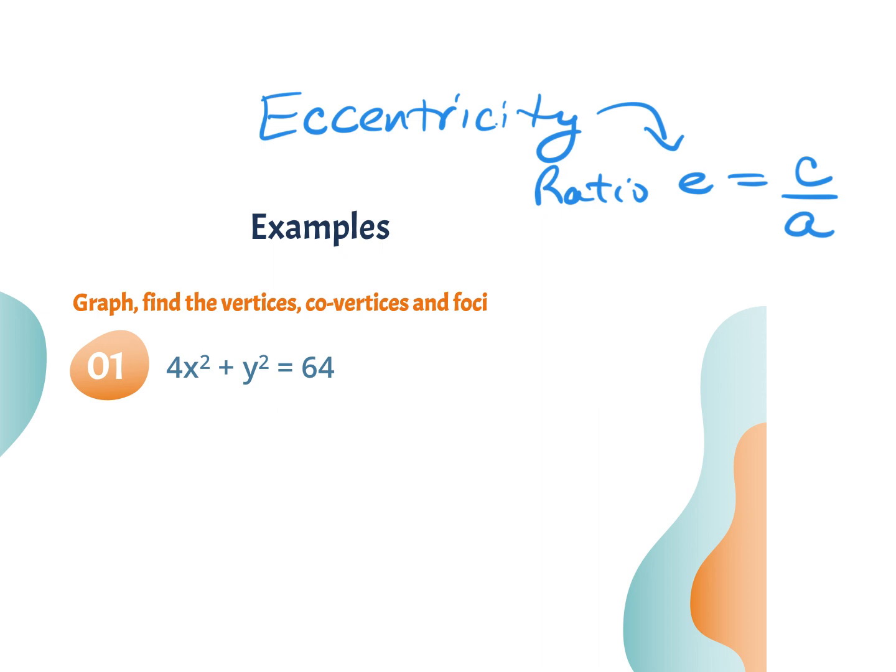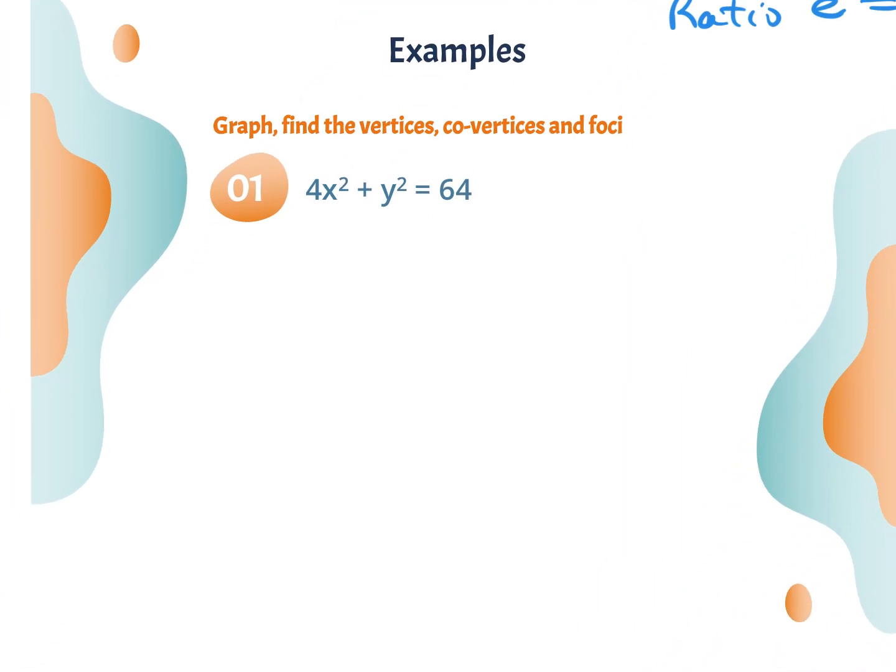All right, so let's take a look here. In order to do this, remember your equation always must equal 1, so we need to make this a 1. The way that we're going to do that is divide all 3 pieces of my equation by 64. That is now going to create my equation set equal to 1.